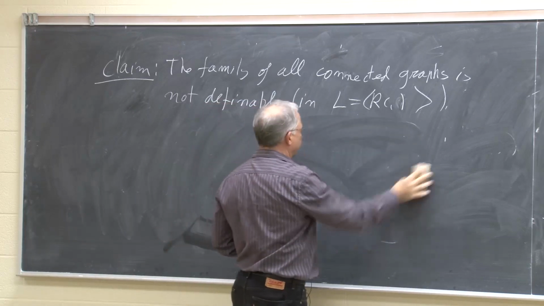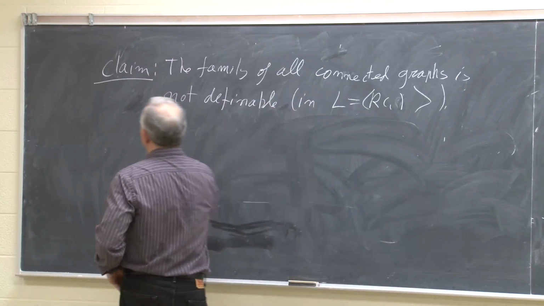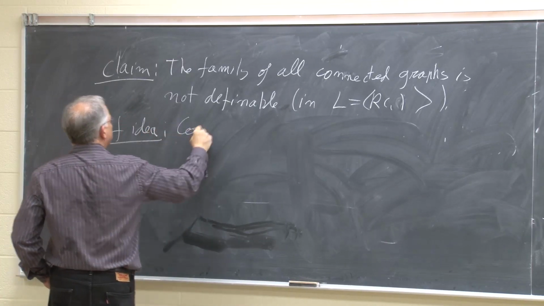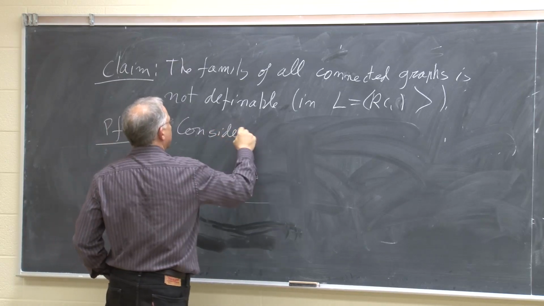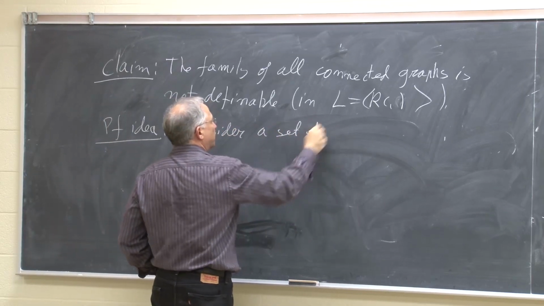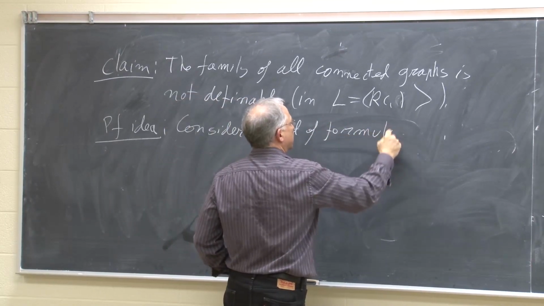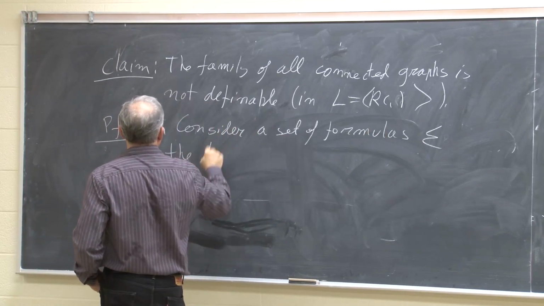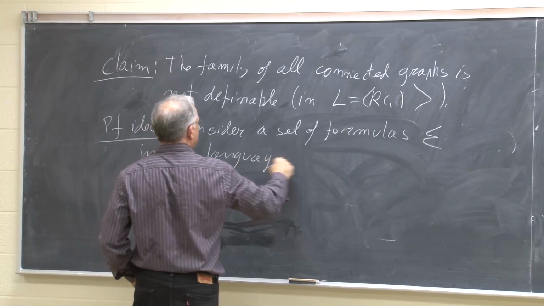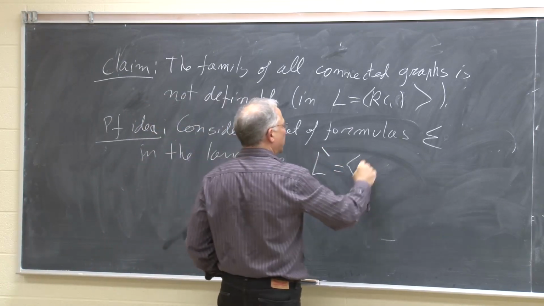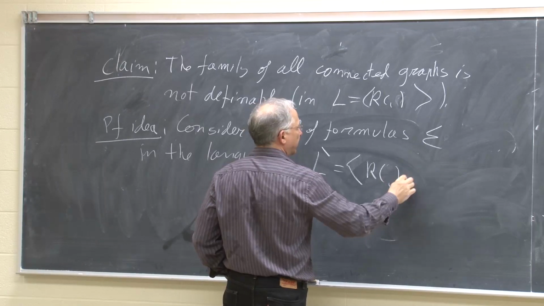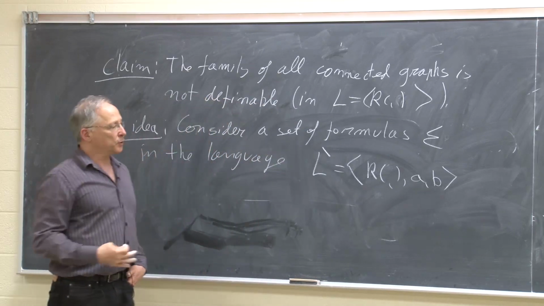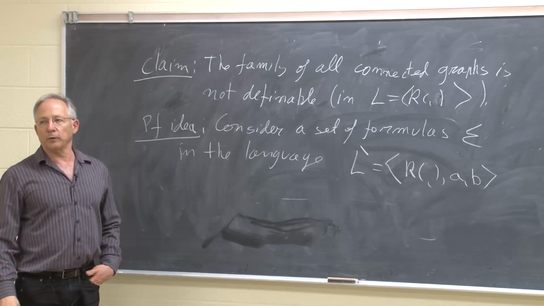And the idea will be to extend the language. So the proof idea is to consider a set of formulas sigma in the language L prime, which is the old language with R, but now I add two constant symbols, A and B. So I expand the language and write a set of formulas in this new language.